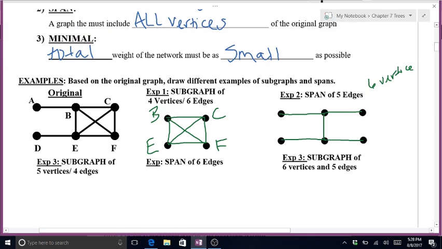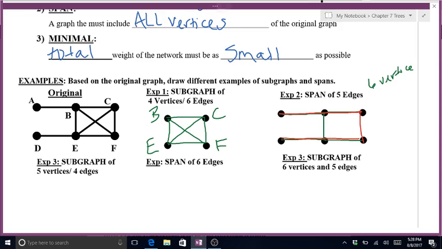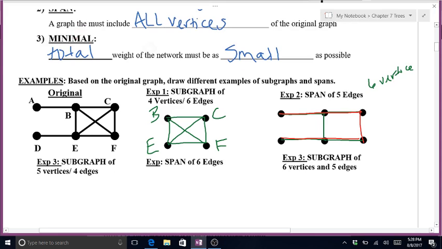I could have done the same thing, connected these ones, and instead of using that center line, I could have used this line. I could have also gone here, here, and instead of using one of these straight edges, I could have used a diagonal.